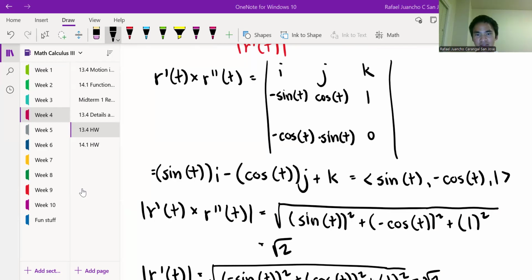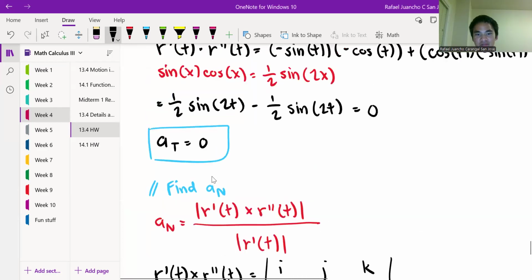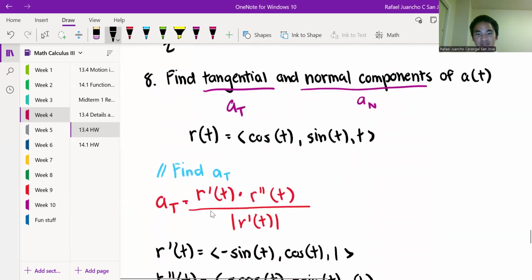So apparently, this position vector, the given position vector, is actually a helix, right? Yeah, I want to see a geometric intuition maybe.